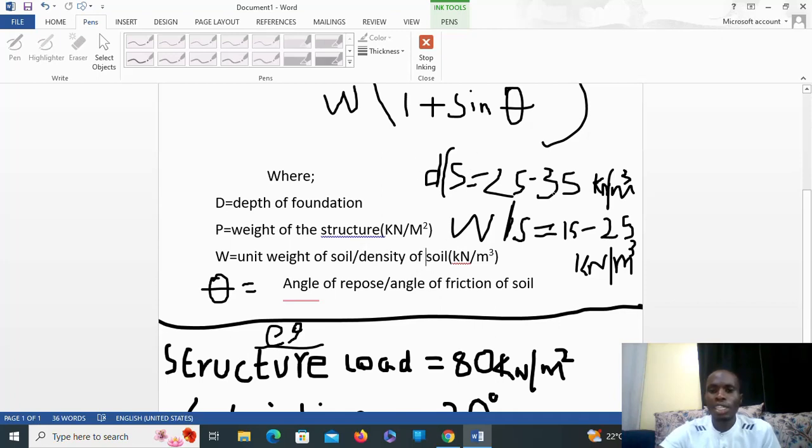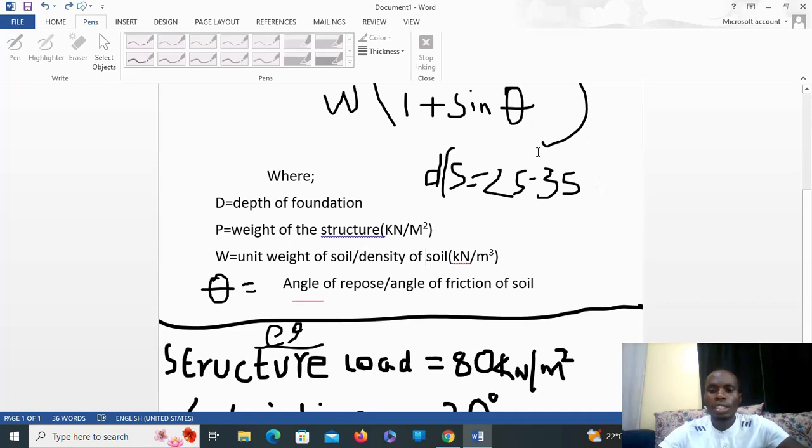And for dry soil, the angle of repose, the friction angle of the soil, is normally given as 20 degrees.